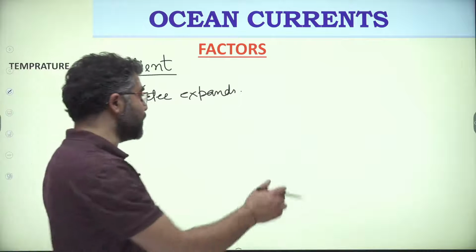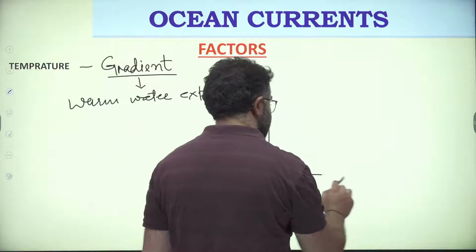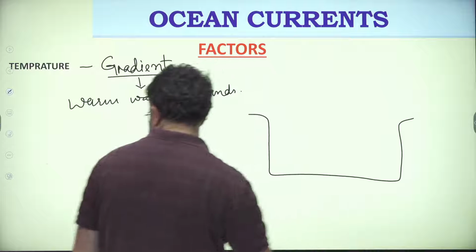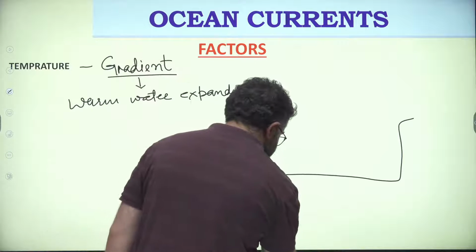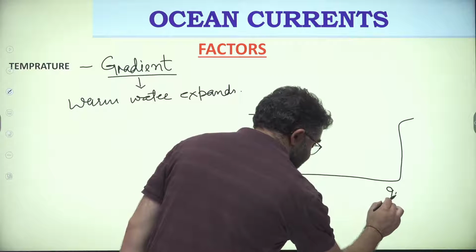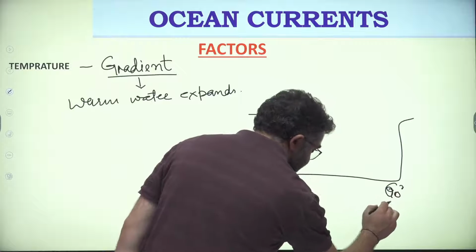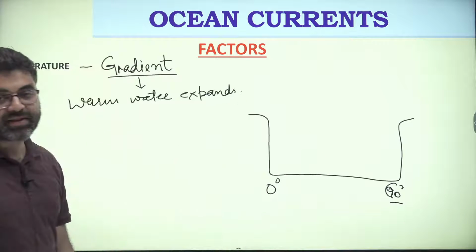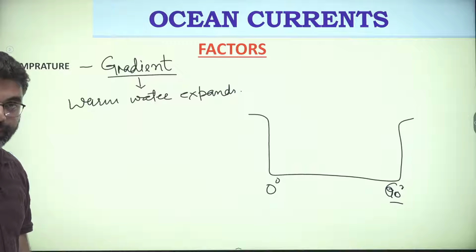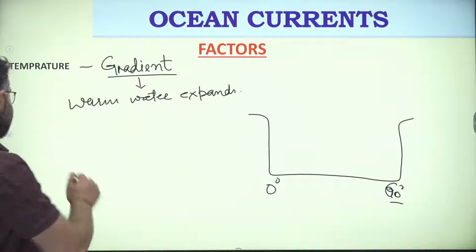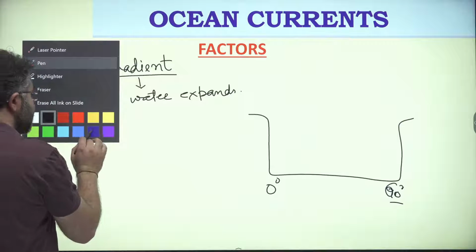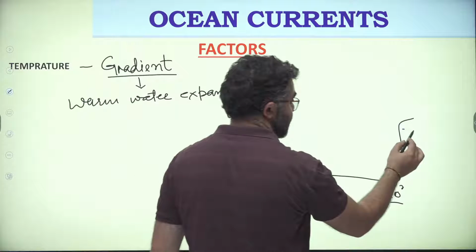So if we see the polar regions or subpolar regions here, suppose again I'll consider this as a tub of water. Suppose this is 0 degree latitude and this is 60 degree latitude. This is the equator and the other one is the subpolar region. Because of this, the temperature in the subpolar region is extremely low.